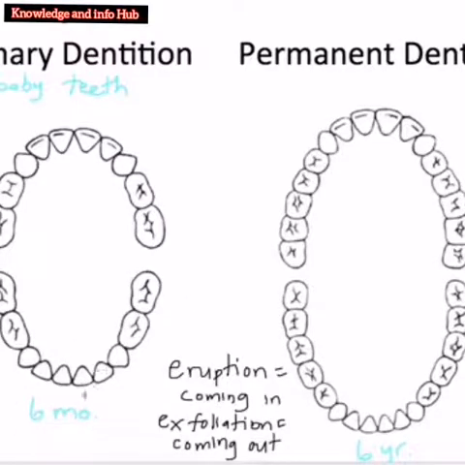So again, 6 months, we're starting to get eruption of the primary teeth. By 6 years, we're starting to get eruption of the permanent teeth. And it takes about till 12 years for the last baby teeth to be exfoliated and to be completely replaced by permanent teeth. This transition period from about 6 years to about 12 years old is called the mixed dentition, when we have a mix of both primary teeth and permanent teeth.